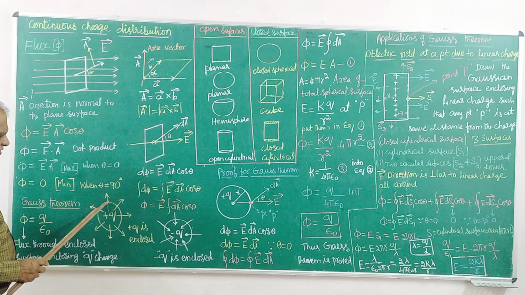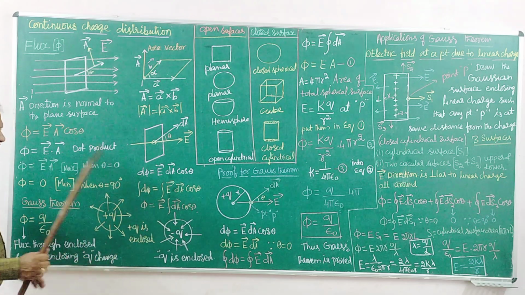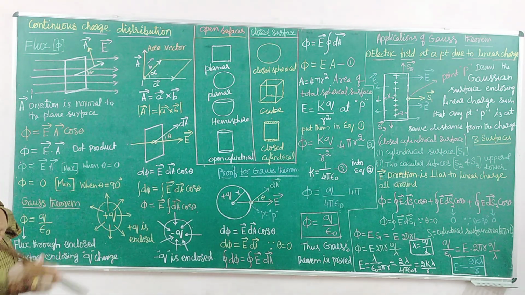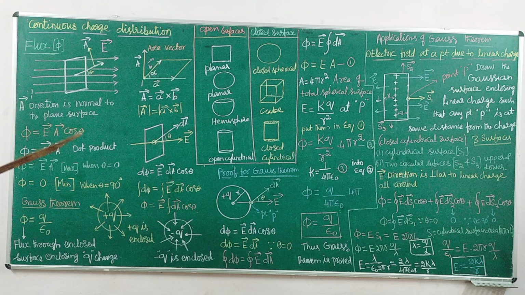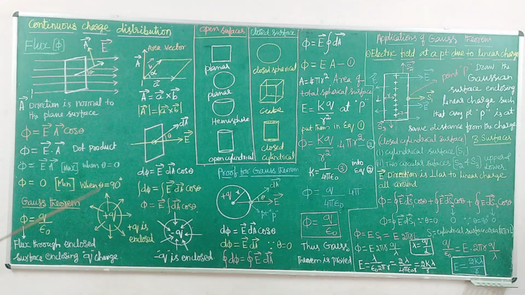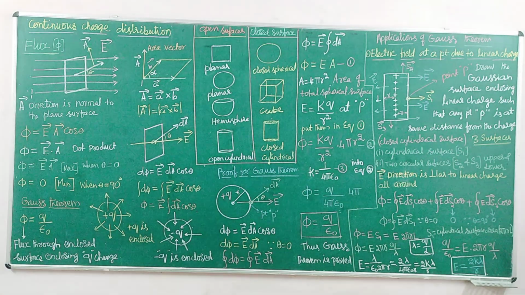And this is the entire surface area through which electric lines or electric field are passing, and the total electric flux, electric lines, electric field, and the total surface of the enclosed surface.